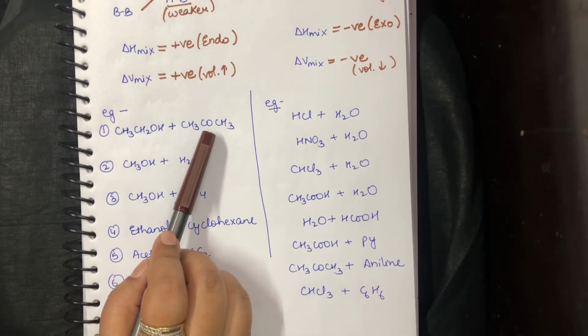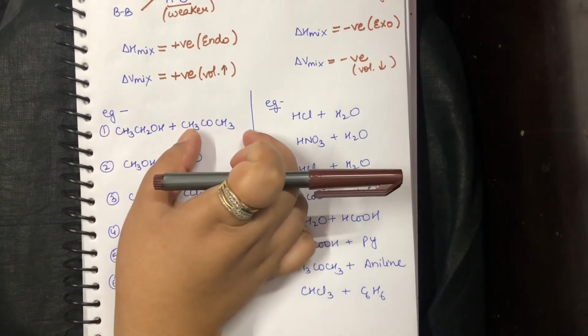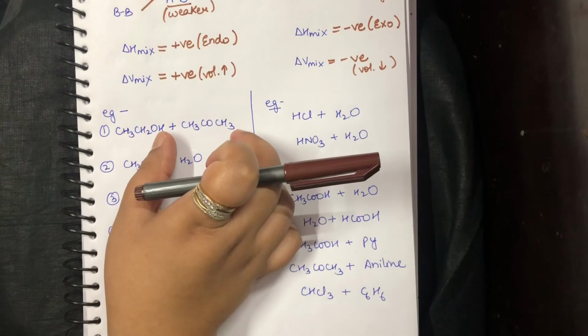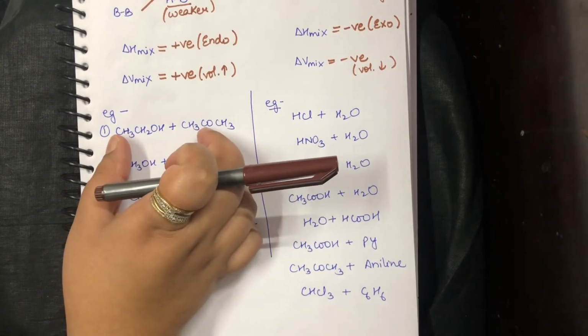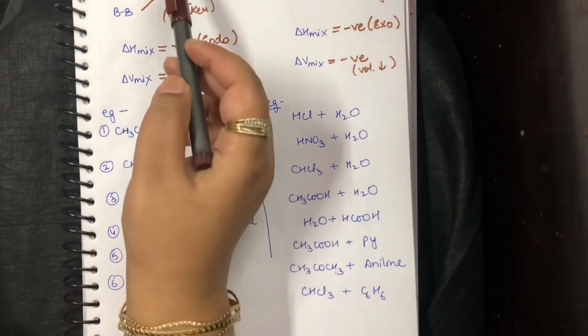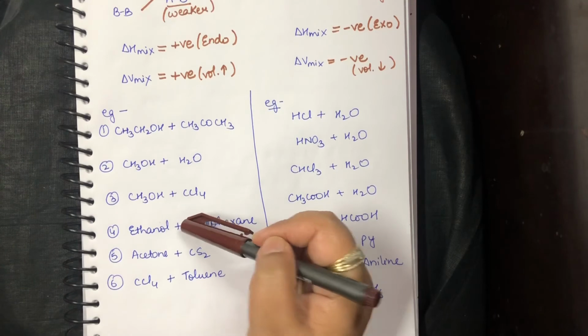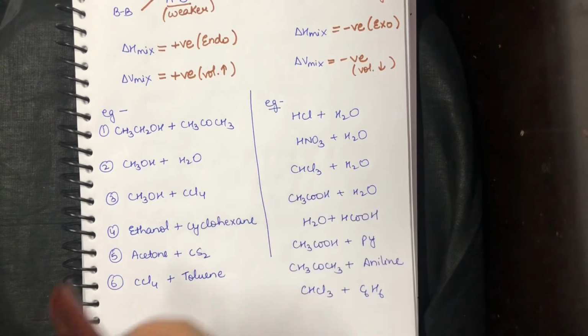When you mix them together, they will try to break their intermolecular bonds, and the bond formed between the two will be weaker. Individually they are strong bonds, but when you mix them together, the bond formed between them is going to be weaker. So the final bond is weaker, and we say it is positively deviating from the ideal case. Right. Now, what is the trick to learn it?